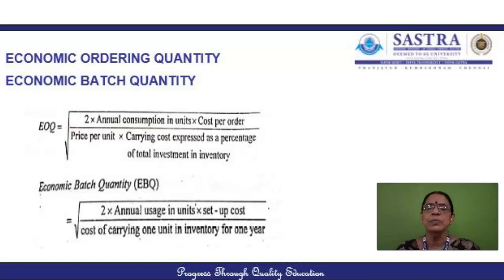First, it is assumed that the order will be for 4000 units and we don't have any discounts given by the supplier. EOQ is square root of 2 into 4000 into 6 divided by 5.6 into 20%.